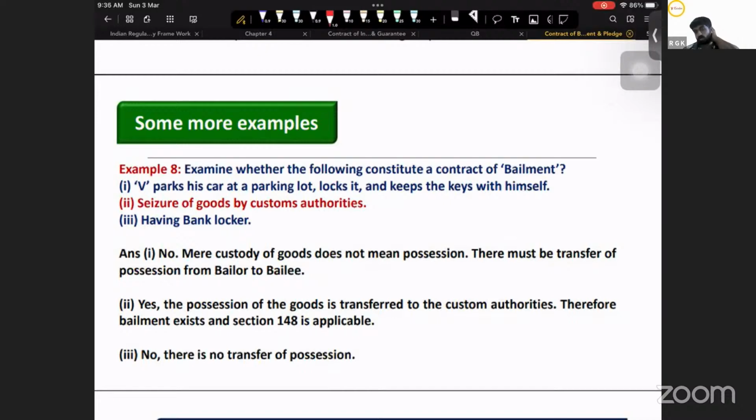Even though you are not voluntarily transferring the possession there, the goods are transferred to another person for some purpose. Once that particular purpose is completed, that is, they recover the tax from you, once you pay the tax, the goods will come back to you. So in this case, you should keep in mind that it will constitute a bailment.